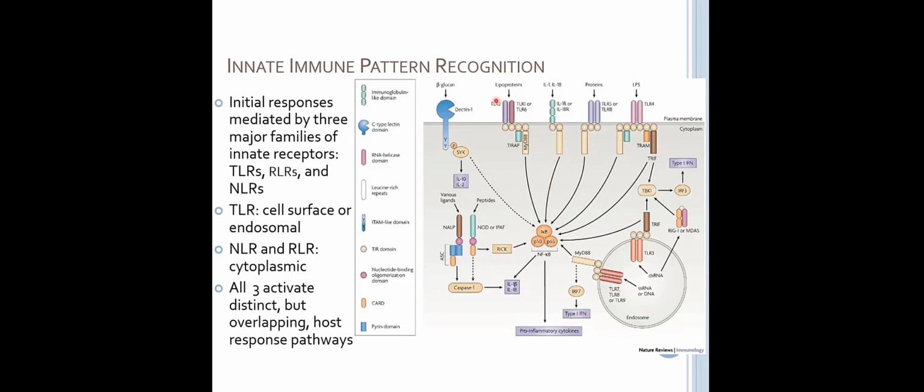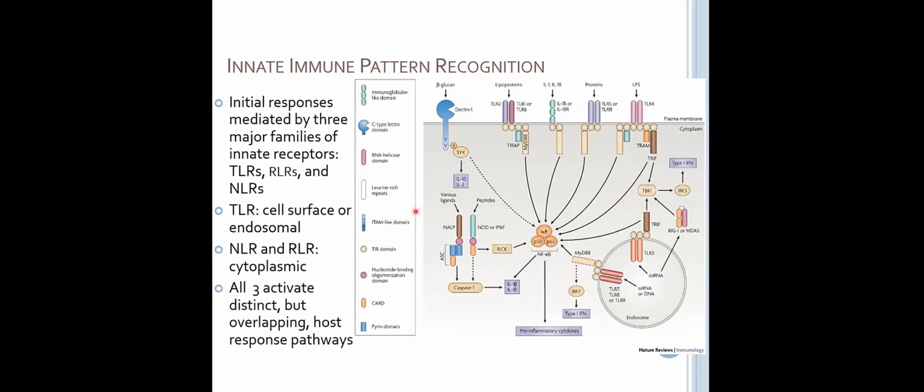And so some of these proteins are on cell surfaces. And again, these can be on normal cells, they can be on professional immune cells, and they're just always looking and always surveilling for specific patterns of these pathogens.